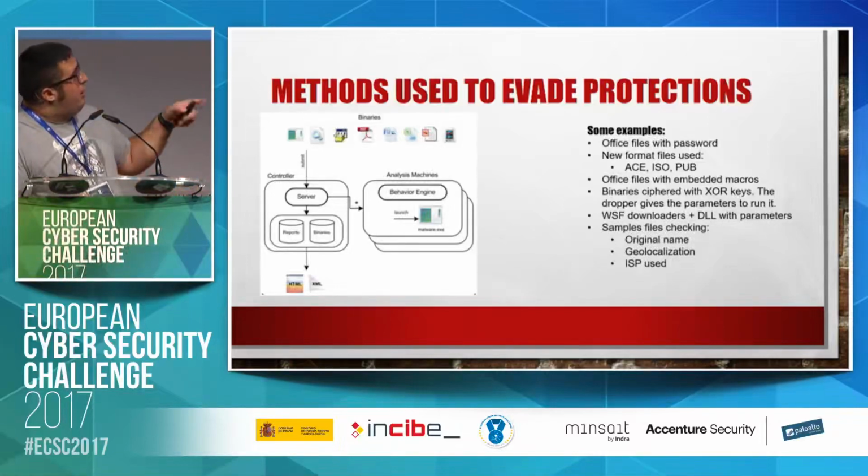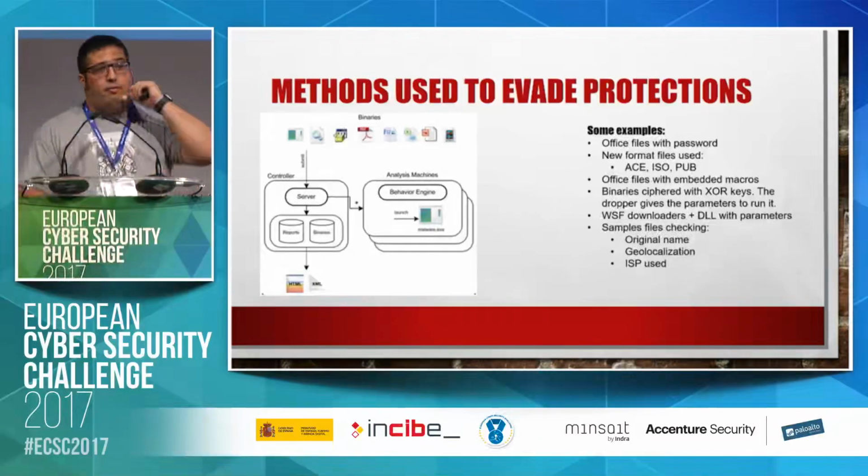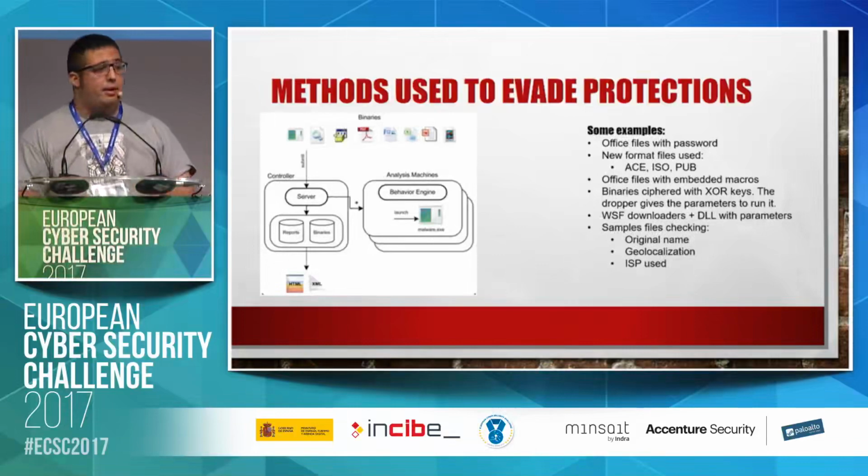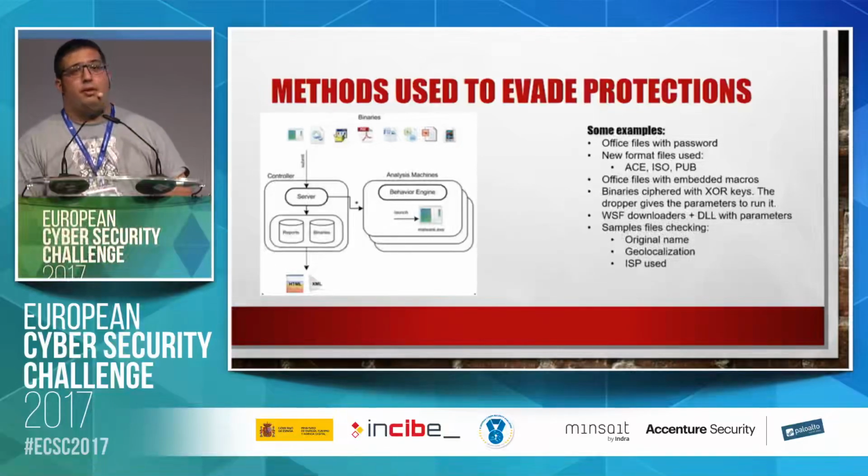So you can see how, for example, we have a campaign that comes from Cerber, and this Cerber malware had a campaign in the past that used an Office file with a password.